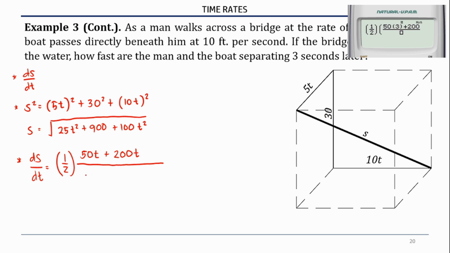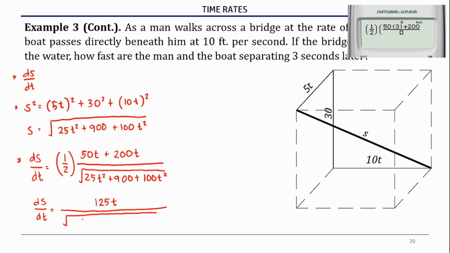So, all over, we have square root of 25t squared plus 900 plus 100t squared. Okay. And then, simplify lang natin. We have 50 plus 200, 250 divided by 2, it is 125. So, we have now derivative of s is equal to 125t over square root of 25t squared plus 900 plus 100t squared.